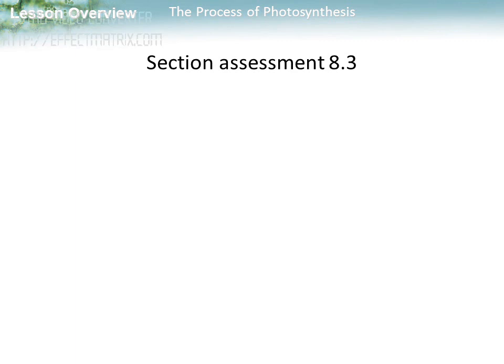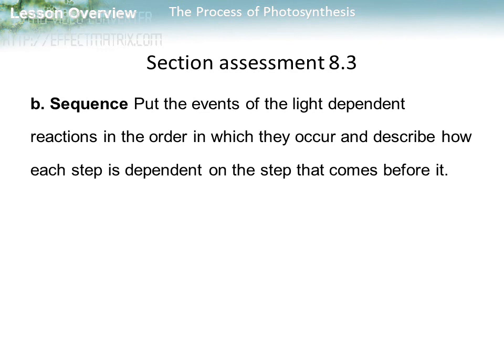Well then, now let us try another one. 1b. Put the events of the light-dependent reactions in the order in which they occur and describe how each step is dependent on the step that comes before it. Try it.